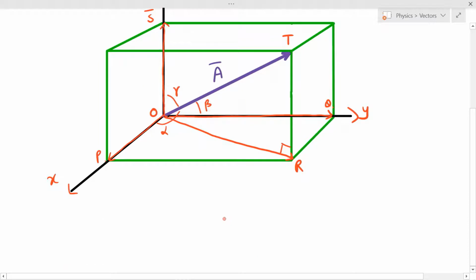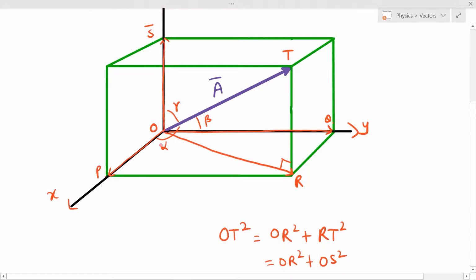So what will be OT square? OT square is OR square plus RT square according to the Pythagoras theorem. Now RT is equal to OS because these are equal and opposite to each other, so it is OS. So this becomes OR square plus OS square. Now what is OR?